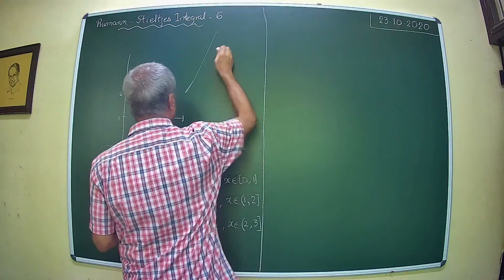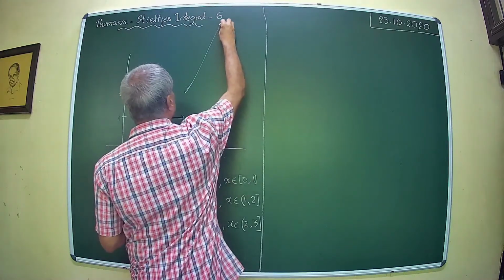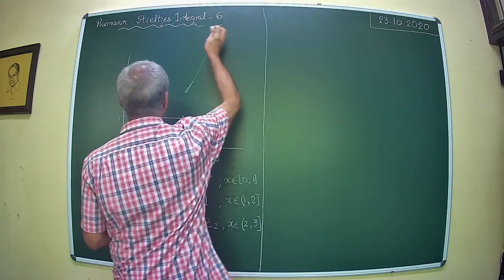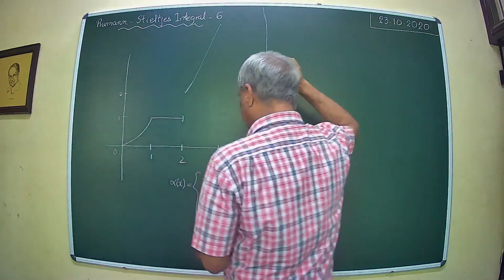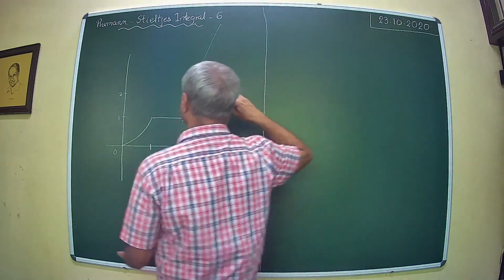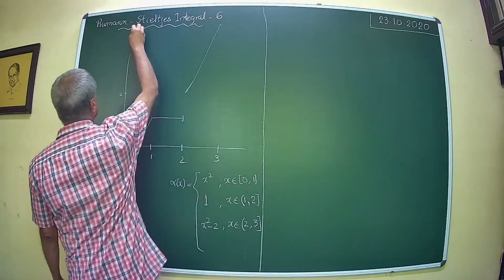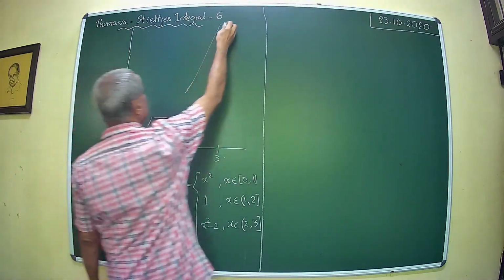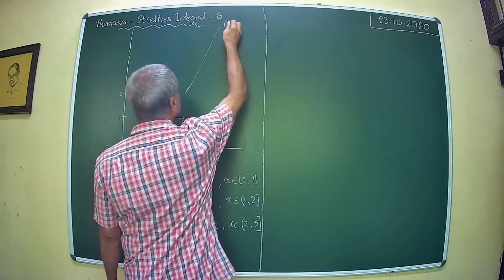This is y equal to x squared, and it goes up to, at 3, 9 minus 2, so it is 7. This is the point.